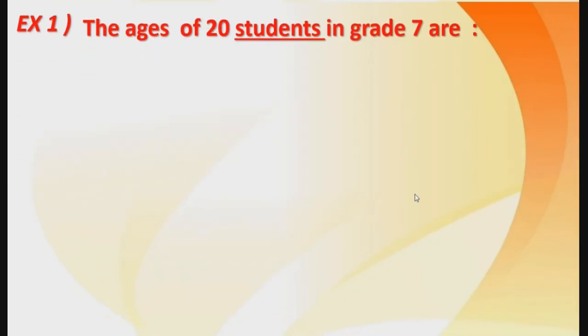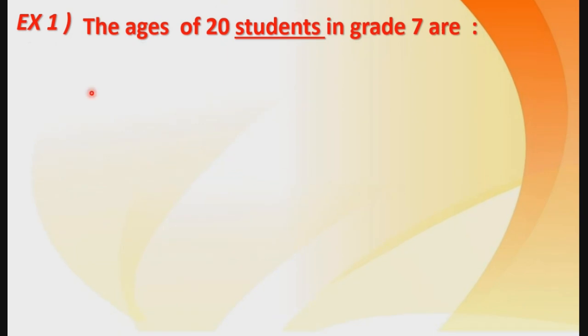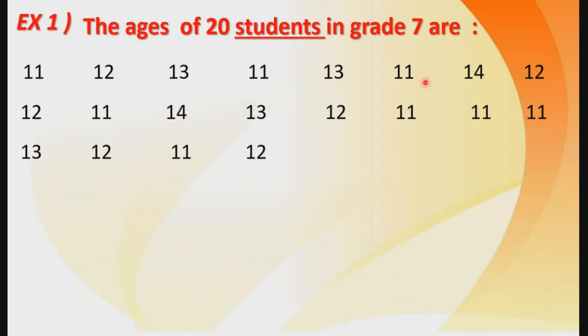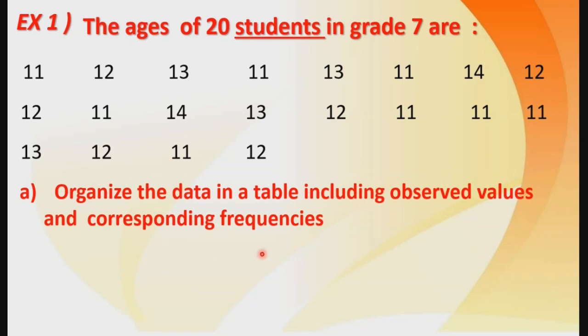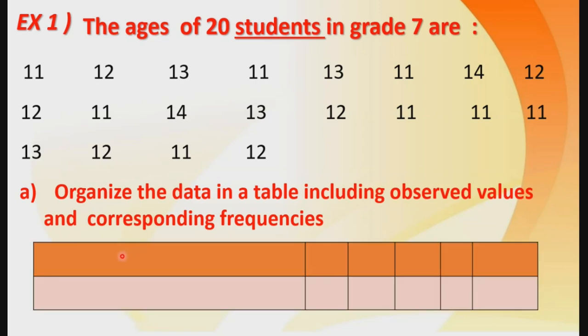Good. Now let's try to do some practice on how to organize data in a table. Exercise 1. The ages of 20 students in grade 7 are as follow. Can you organize the above data in a table including observed values and corresponding frequencies? Yes, the first step is to construct a statistical table consisting of two rows.